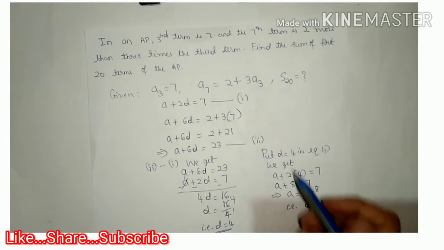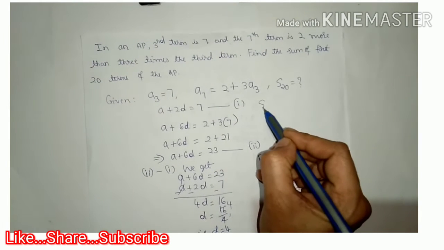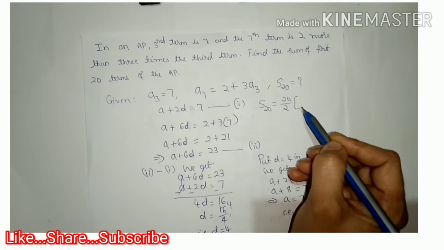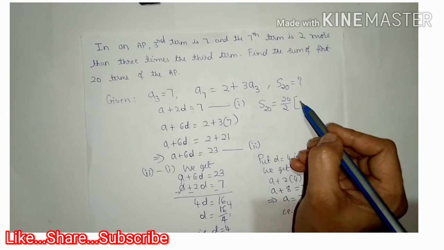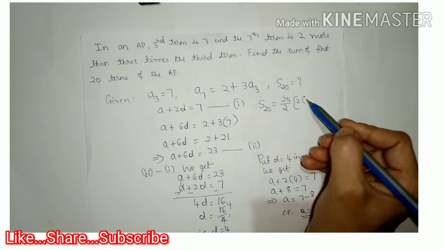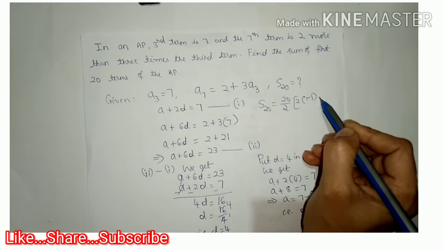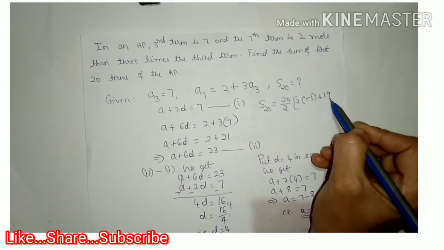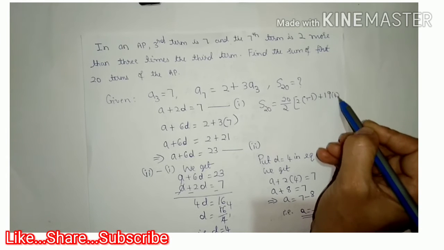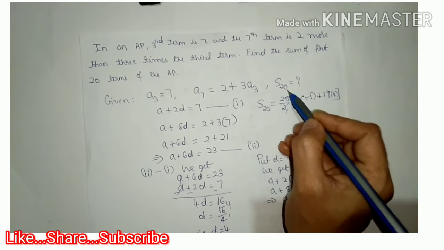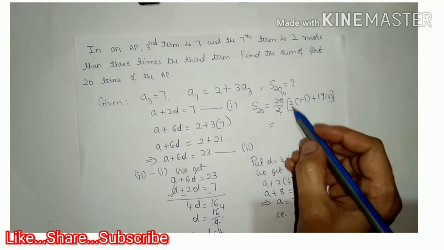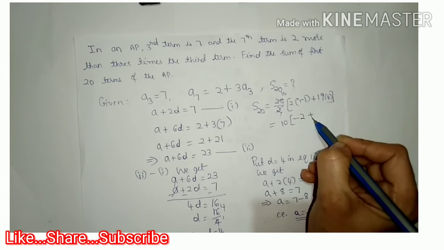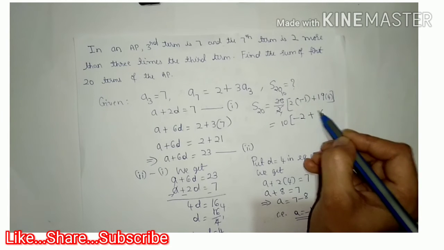Now let us find S20. S20 is equal to 20 by 2. Sn is equal to n by 2 into 2A plus (n minus 1) into D. 10 into 2 into (minus 1) plus (20 minus 1), 19, into D, 4. 10 into minus 2 plus 19 4s are 76.